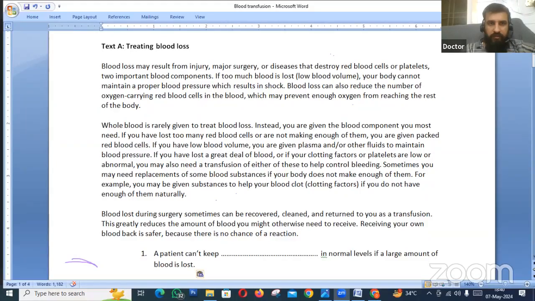Very good. So your answer is blood pressure. A patient cannot keep blood pressure in normal levels if a large amount of blood is lost.